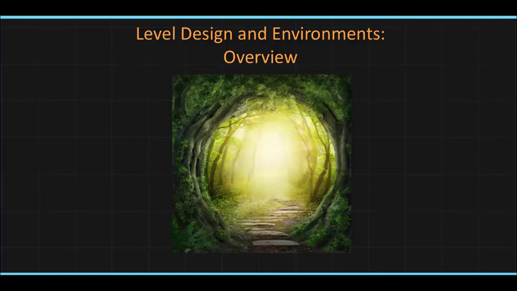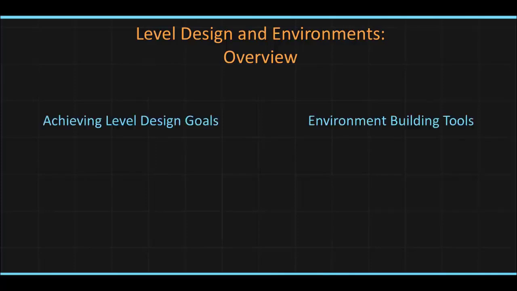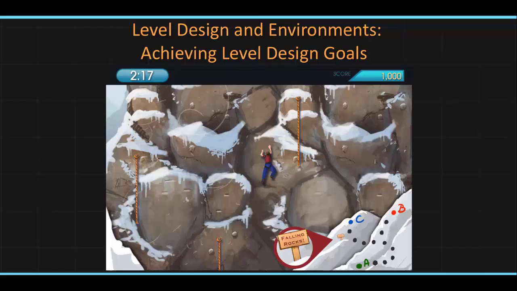Environments are an important part of level design, and this module will also cover some basic rules on building environments for a video game. For this module, we will cover the basics of level design and environments by examining the following topics: achieving level design goals, environment building tools, and finally, open world versus linear environments.